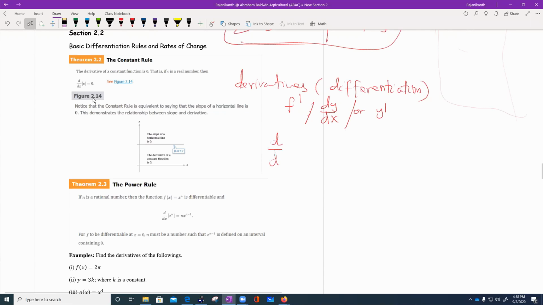Suppose I write d over dx of x squared. What is the meaning of this? Could you explain in words? D over dx of x squared means the given function is now x squared, okay? So you are finding the derivative of x squared. The meaning of this is nothing but differentiation of the given function x squared, with respect to the variable x.